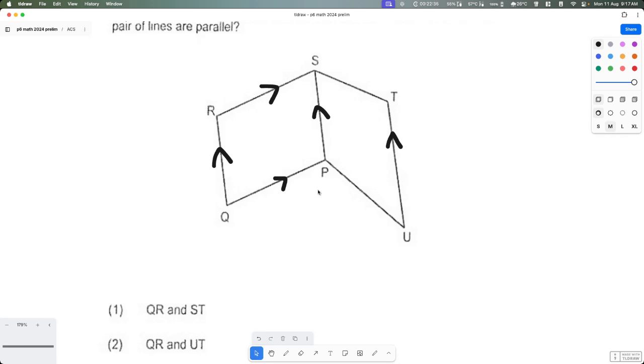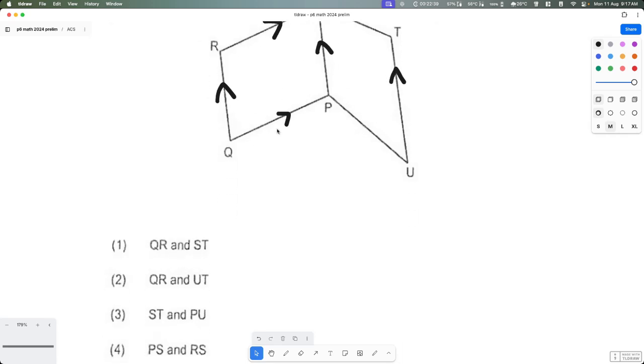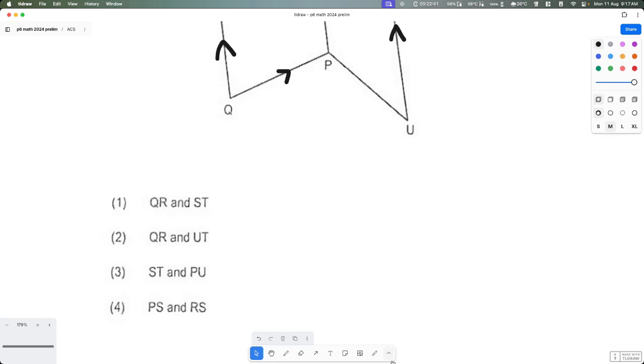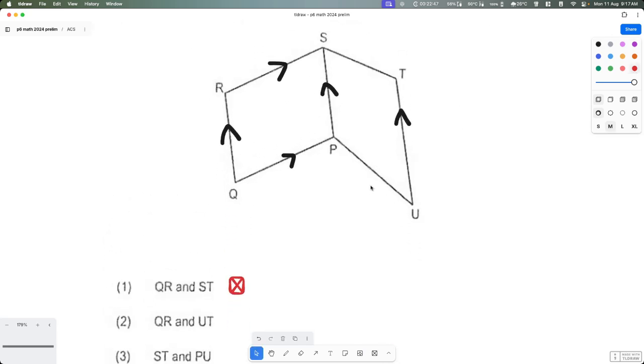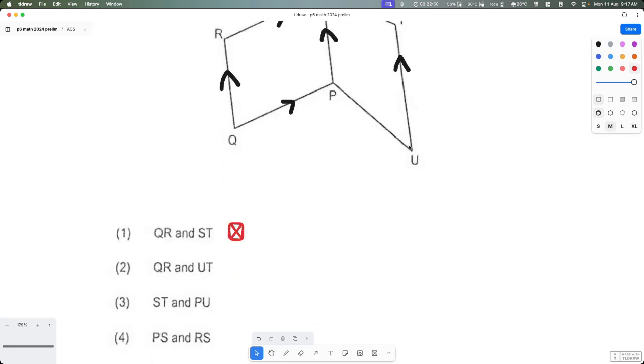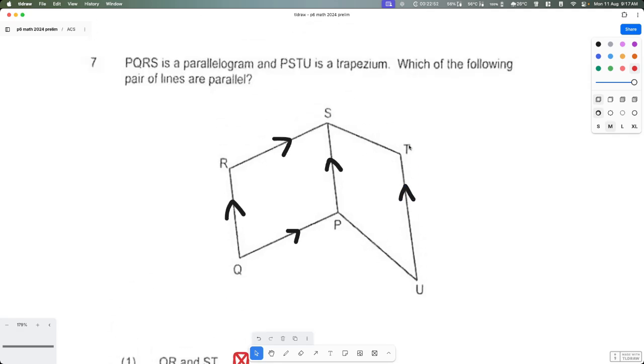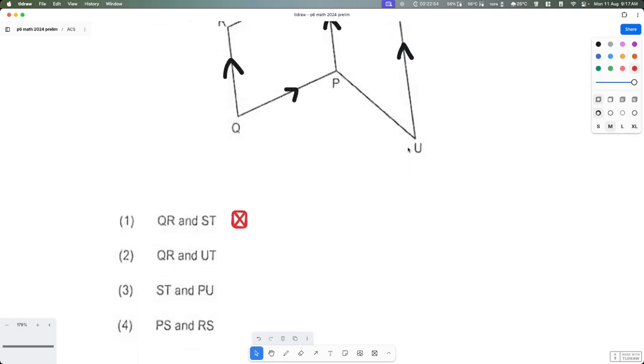Which of the following pair of lines are parallel? QR and ST. QR and ST are not parallel, so I'll give this a cross over here. Next, QR and UT. Is it parallel? Yes, it is.